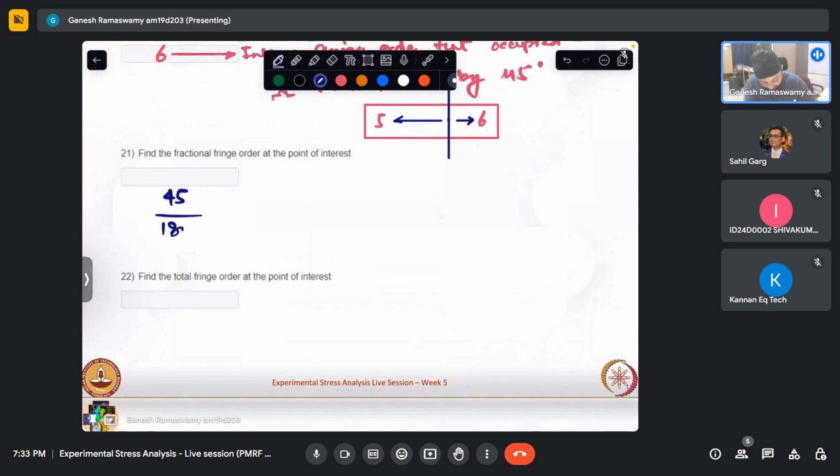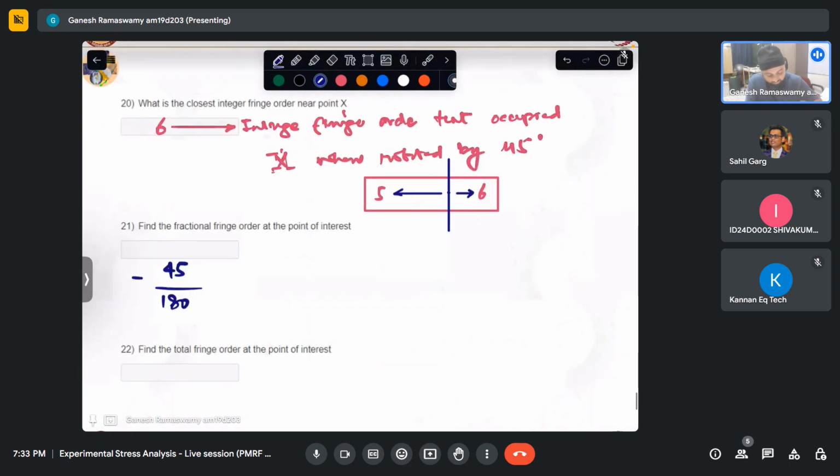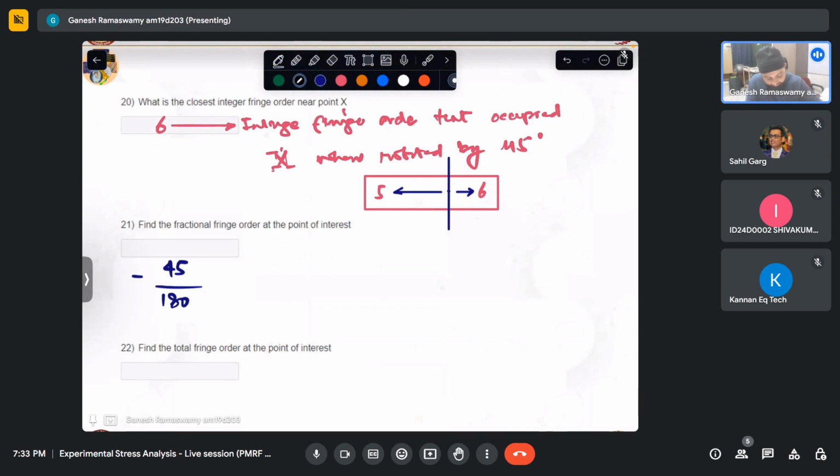So this is 180 and this will be minus. Why? Because the actual fringe order n actual is less than 6 and greater than 5. So my fractional fringe order has to be a negative quantity so that I add it to 6 and get where I am.